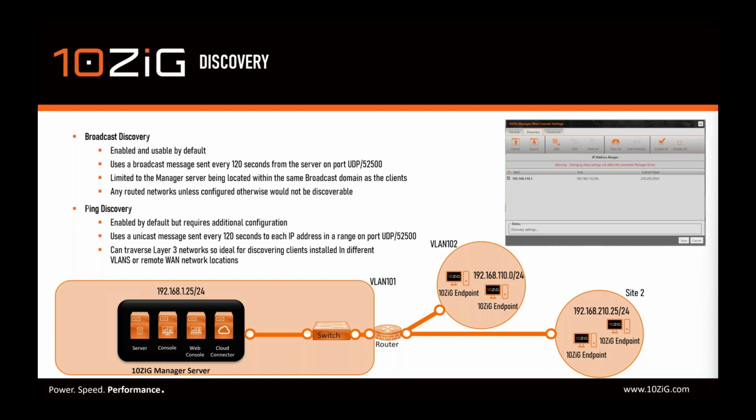In the top right hand corner, we've got an example of the configuration screen where you can configure those network address ranges. The benefit of using this is that you will be able to discover your devices that are in remote VLANs across a routed network, or potentially on a wide area network environment with multiple sites, and detect devices deployed at those remote locations.